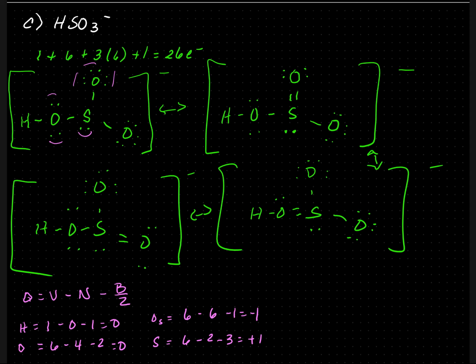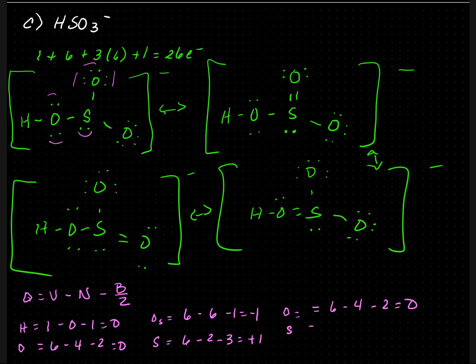In this top right picture, it is exactly the same, except for the oxygen with the double bond and the sulfur with the lone pair. So the oxygen with the double bond is going to equal 6 valence minus 4 lone electrons minus 2 bonds. This is equal to 0.